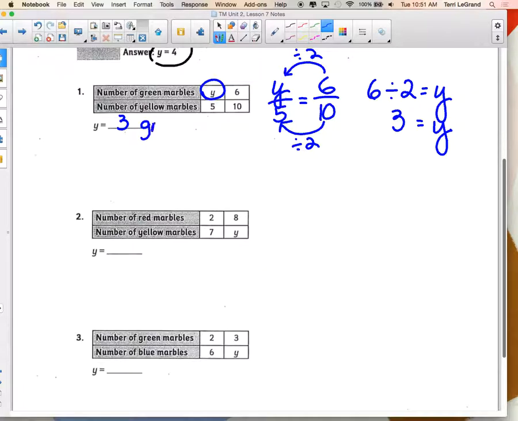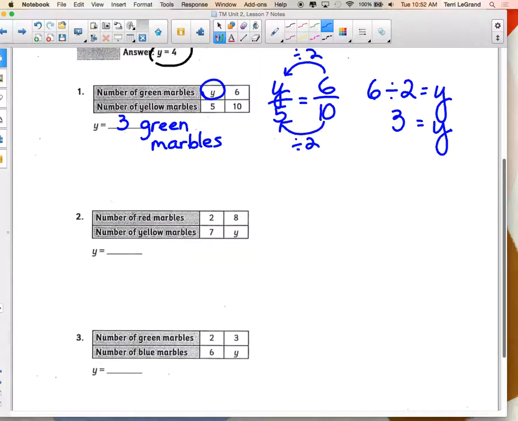Green. Now, here's one thing I don't think is happening in your worlds. After you get your answer, I don't think you're stopping and saying, does my answer make sense? Because in this particular table, what is there more of in the ratio? More green or more yellow? There's more yellow, okay?